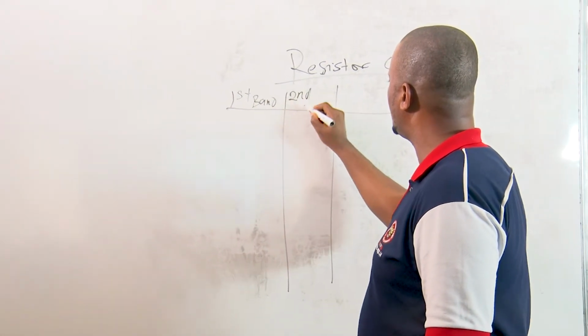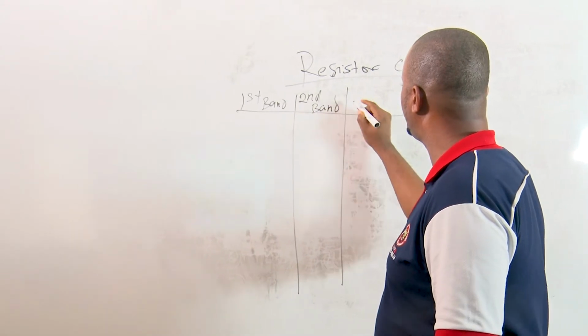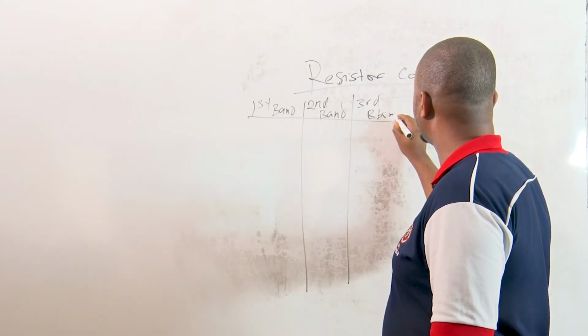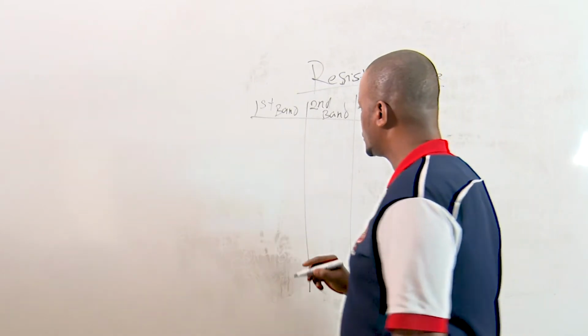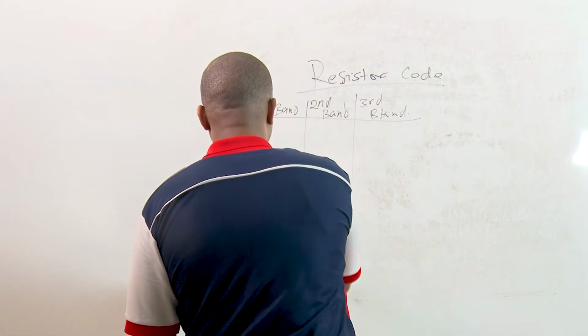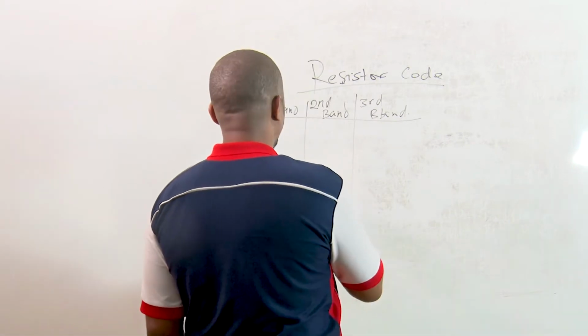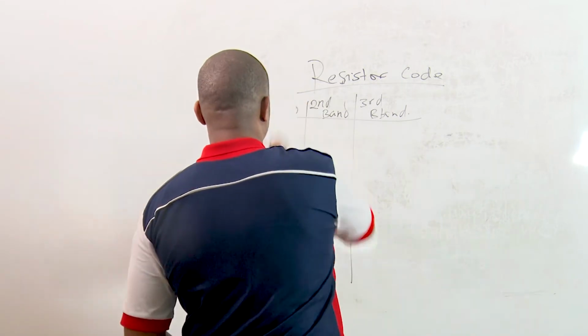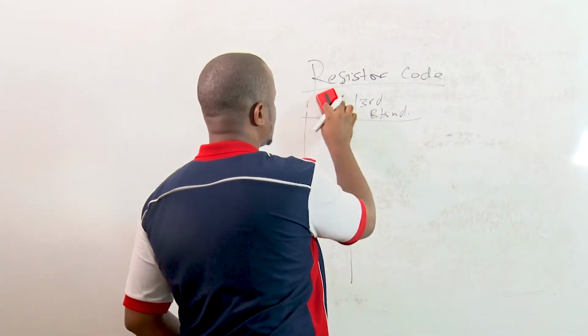We have the column for the second band, and we have the third band. So we start by writing it out. Let's use this space.